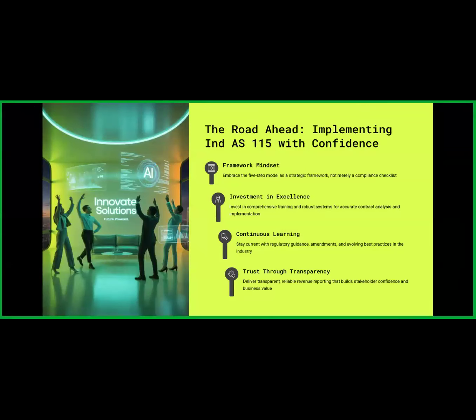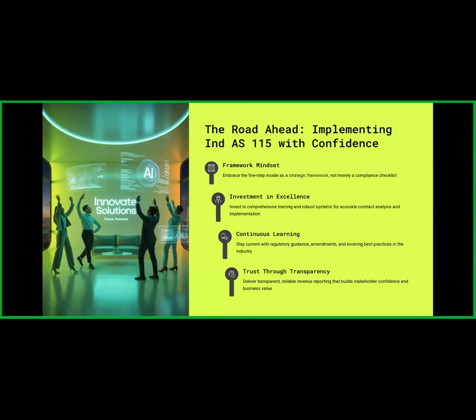The five-step model was developed as per AS 115 to recognize the revenue in organizations clearly. Next one is investment in excellence: invest in comprehensive training and robust systems for accurate contract analysis and implementation. So what is the contract between the company and the customers?